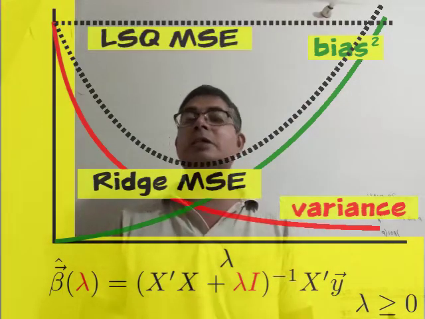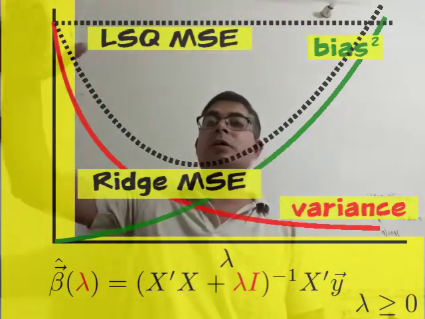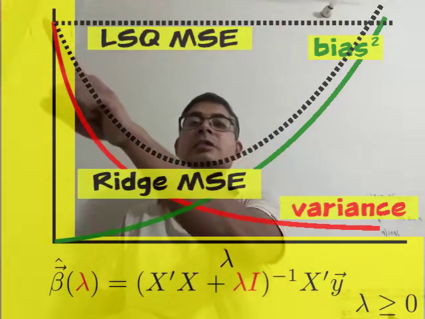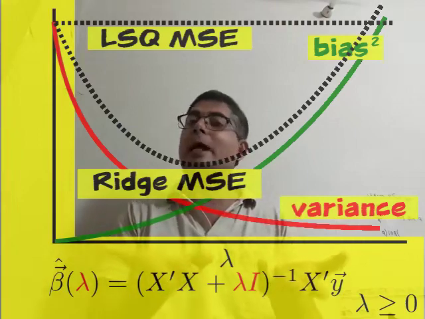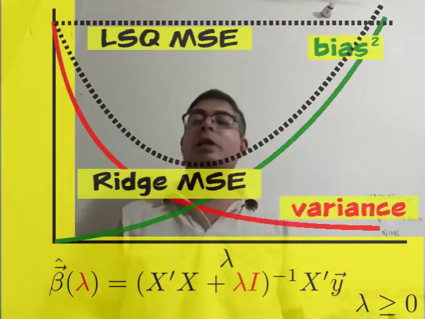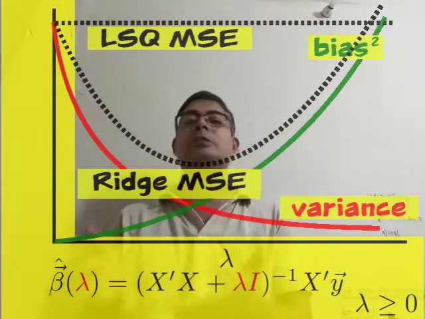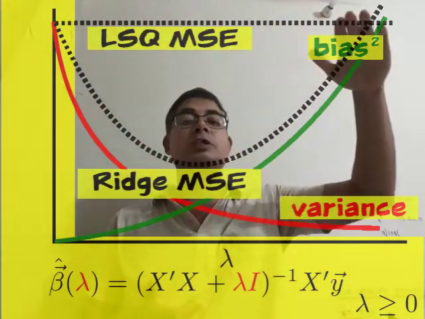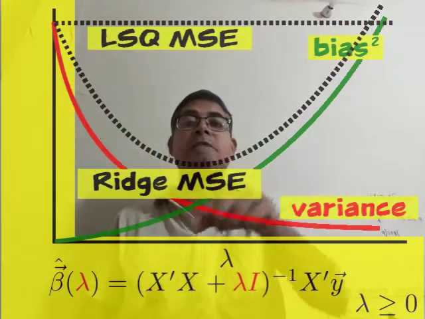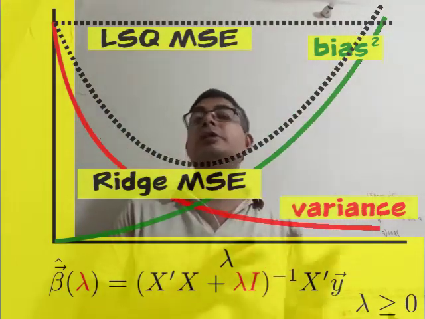So that MSE curve will be just a flat line because it is the same as this value. Whatever your lambda is, least square does not use lambda at all. So this is the MSE for least square, and this is the MSE for the ridge regression estimator.